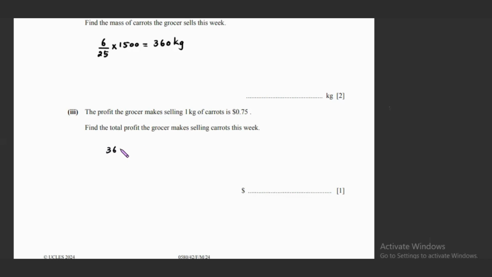When I times 360 and 0.75 together, we end up getting $270. So that is the total profit the grocer makes this particular week by selling carrots.